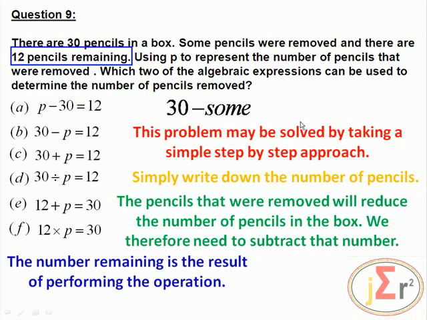The number that remain will be the result of subtracting some of the pencils from the 30 that we had in the beginning. 12 is what remains. 12 is the result of taking some of the pencils out of the box.